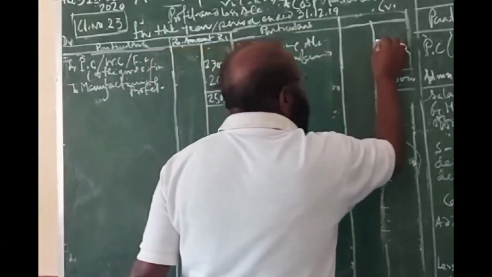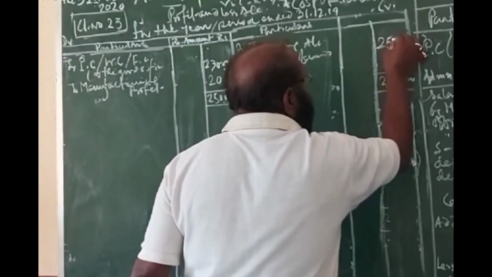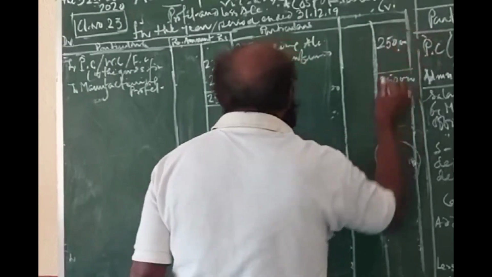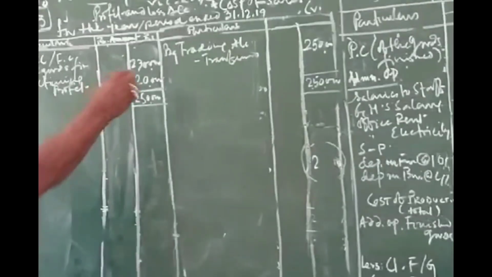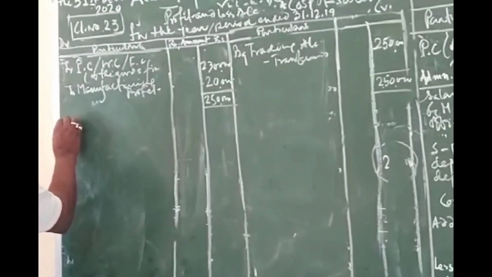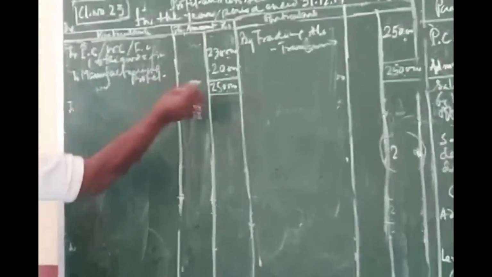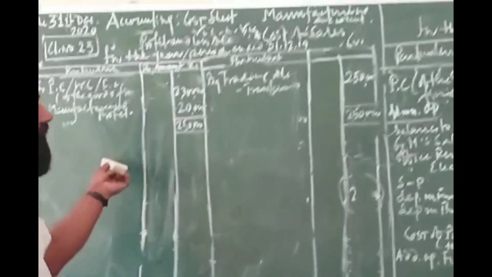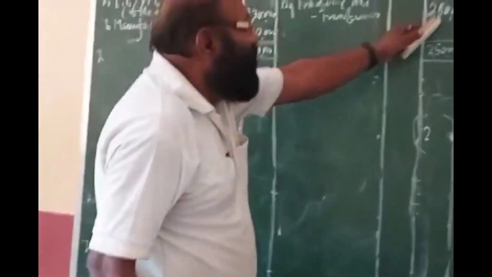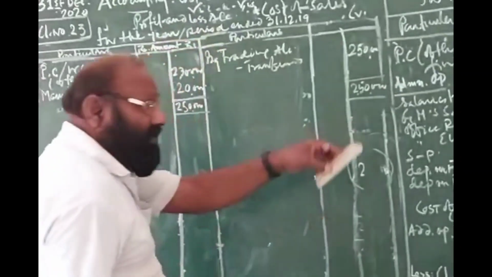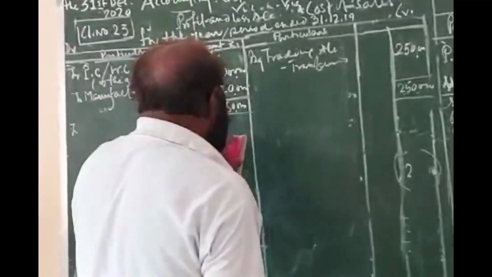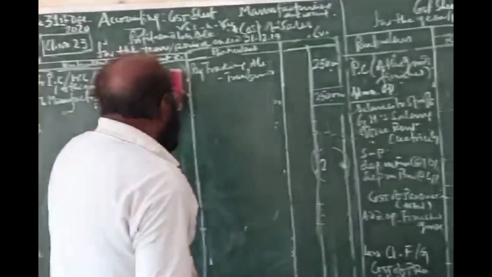How much? 2,50,000. So in the profit and loss account, what do we do? We put it to the trading account. By showing that, we show the cost of the goods is 2,50,000.